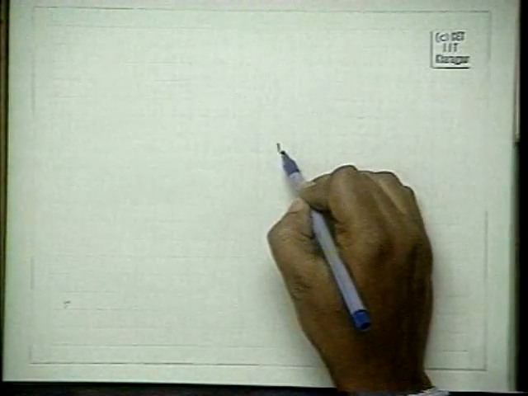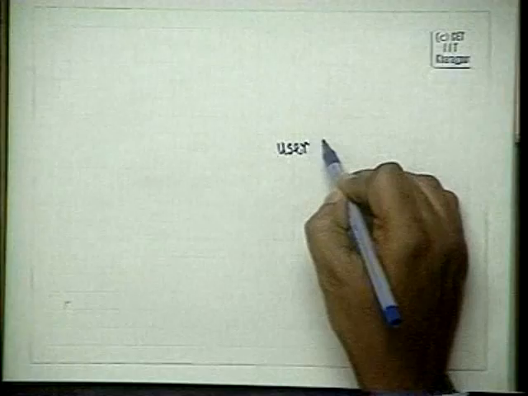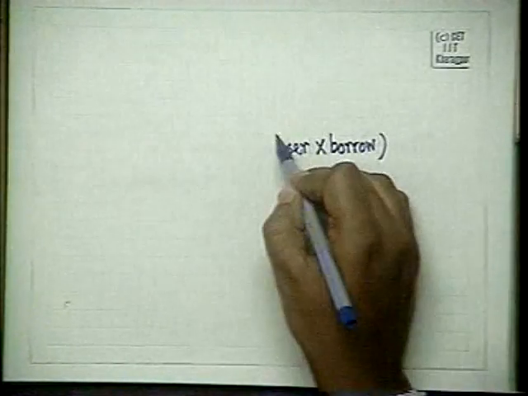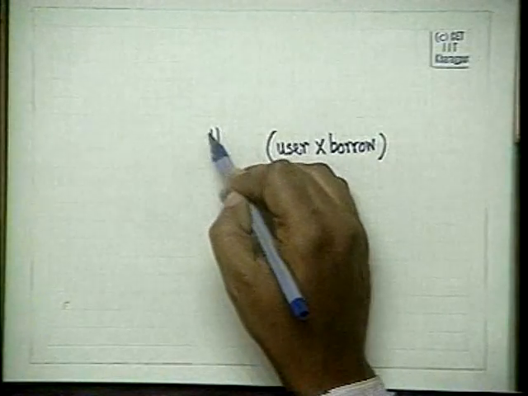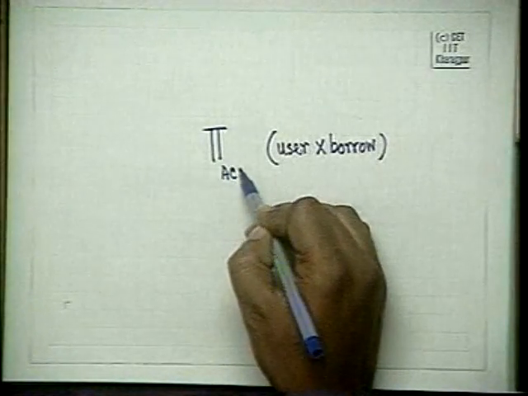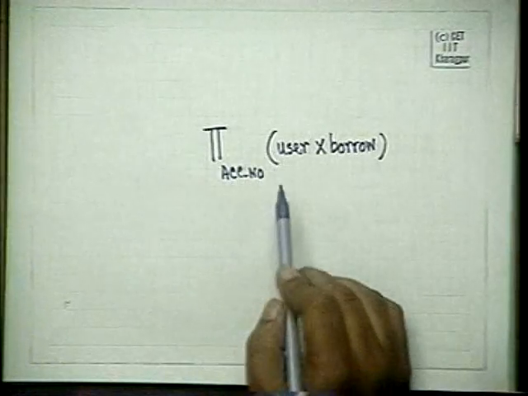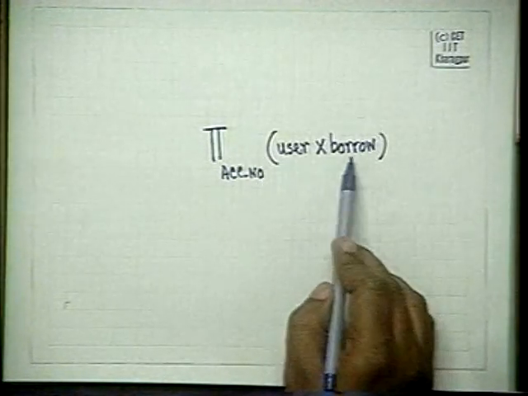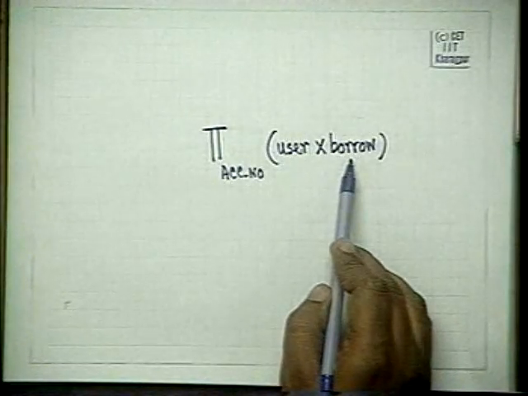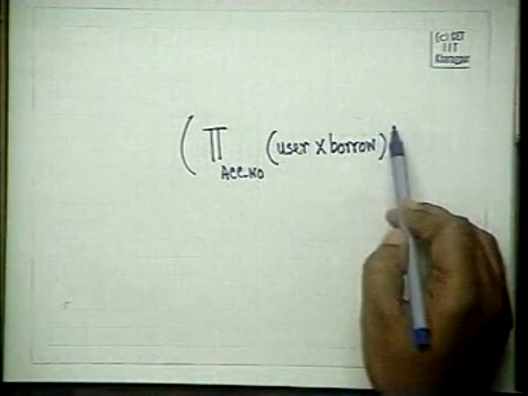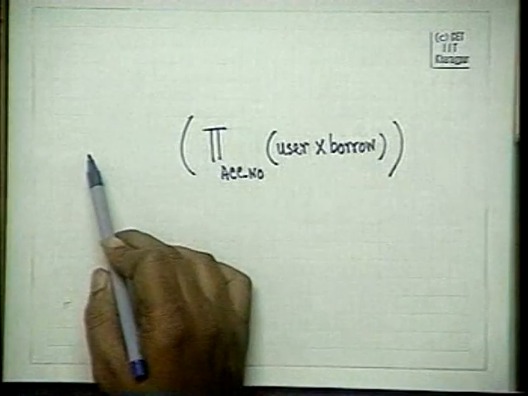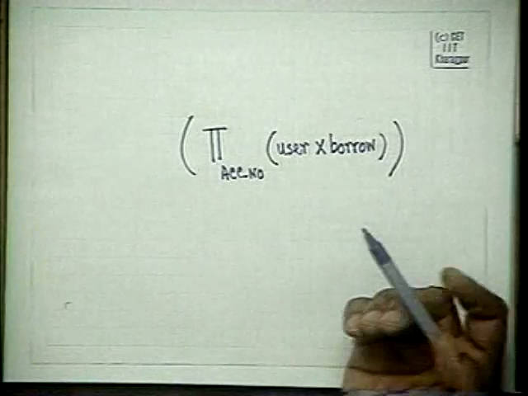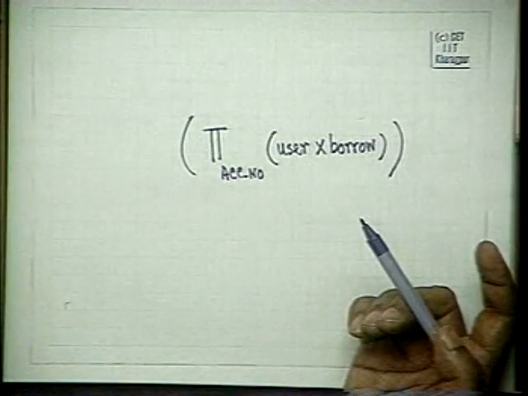For example, in user cross borrow, if I first project out the accession number, then I will get all the accession numbers of all the books which have been issued by somebody. And after this, whatever I do, I have got only this attribute accession number. The relation which is returned has got only attribute accession number.